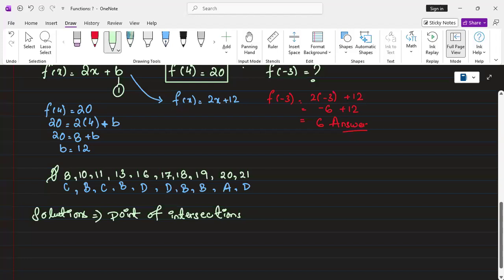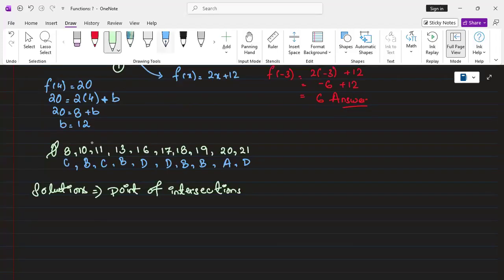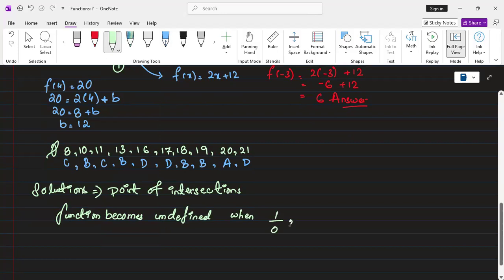There's a certain specific condition at which the function becomes undefined: when the denominator is 0 or the root has a negative value.